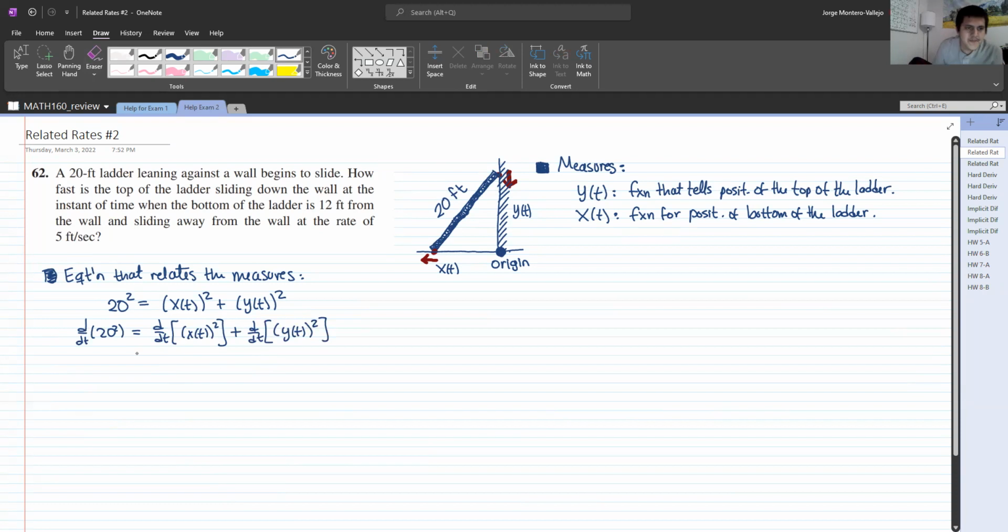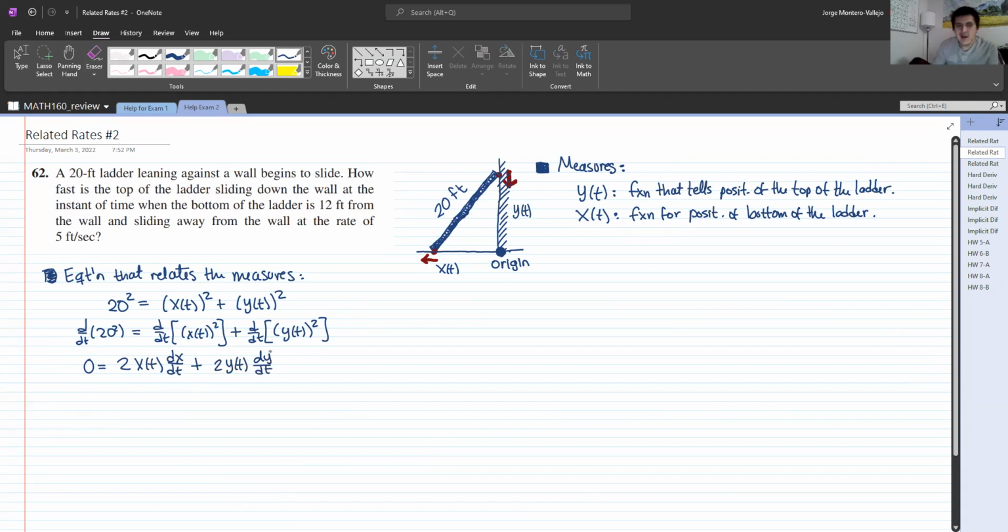Well, ddt of a constant, that's 0. For this part, again, we want to use the general power rule. That's going to be 2x of t, and then the derivative of x of t, which in this case is going to be dx dt, following the notation that we used in the previous problem. And then the same for this other part: 2y of t dy dt.